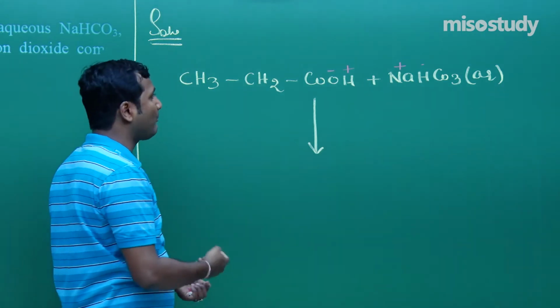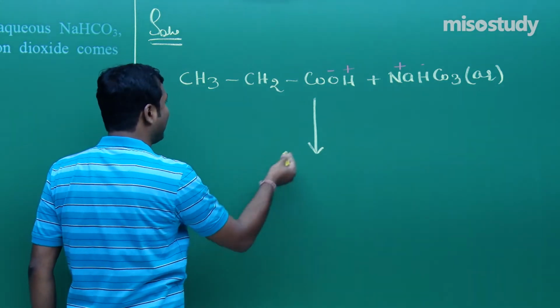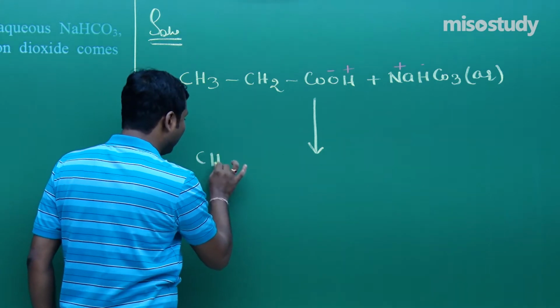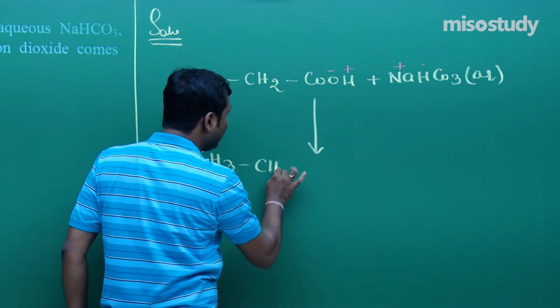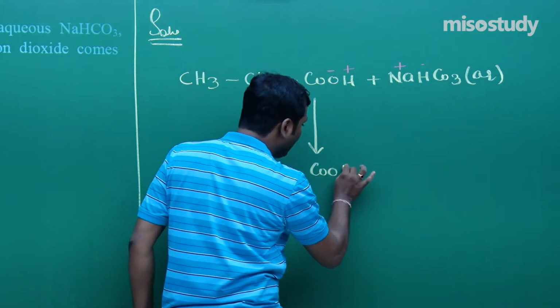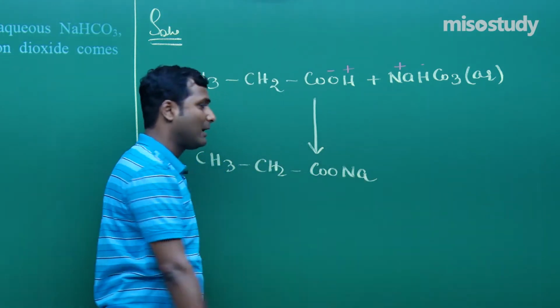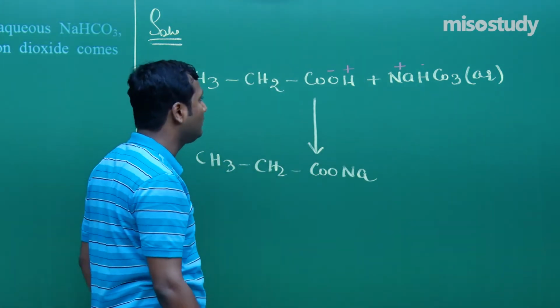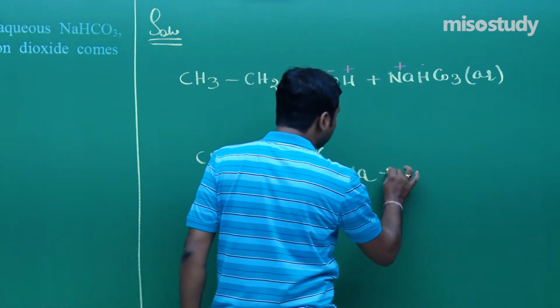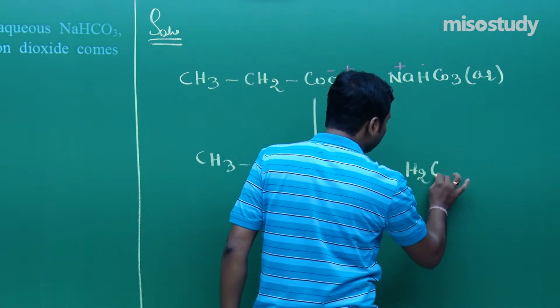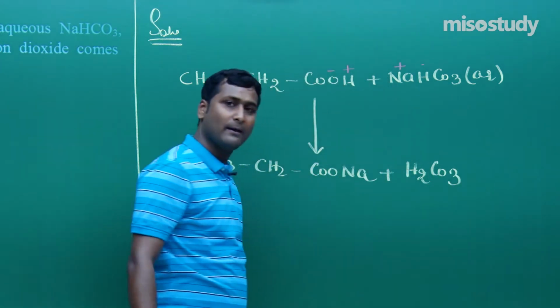So what is the product here? That is CH3CH2COONa. Am I right? Yes sir, you are absolutely right. Now the next one is H2CO3. Clear?